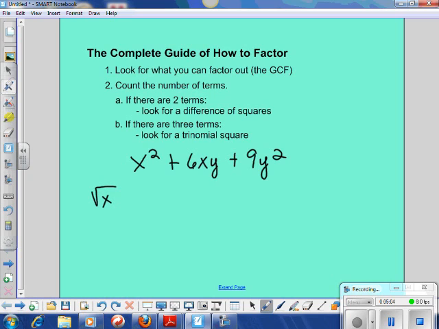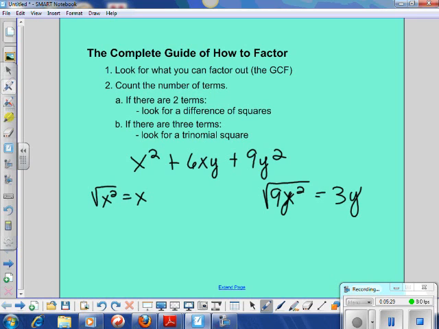Well, the square root of x squared is x, so yes. Is the last term a perfect square? Is 9y squared a perfect square? Yes, the square root of 9 is 3, and the square root of y squared is y. So your first term and your last term are both perfect squares.